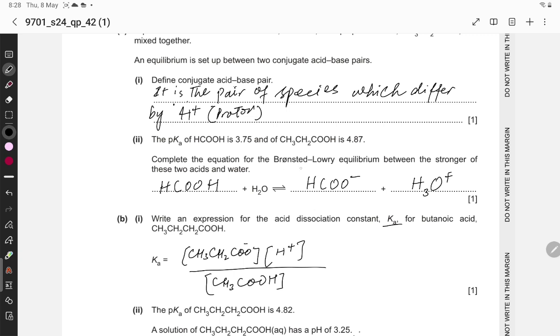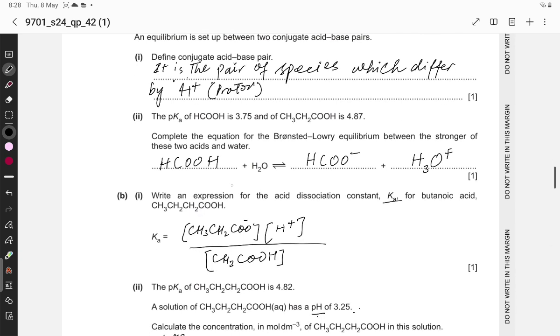Complete the equation for the Bronsted-Lowry equilibrium between the stronger of these two acids and water. So methanoic acid plus water forms methanoate and hydronium. This is acid, this is base, this is conjugate base and this is conjugate acid.